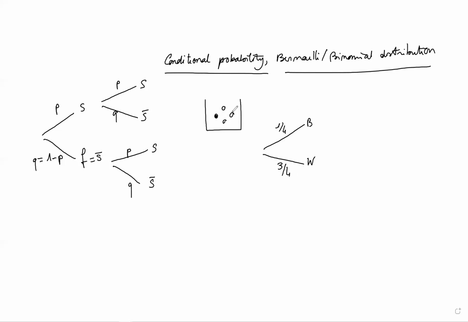If you want it to be a binomial distribution or binomial trial, you have to repeat exactly the same experiment. So you have to have the same probabilities here, which means after drawing a ball, you put it back in the box, because if you don't put it back, it changes those numbers and it's not binomial anymore.